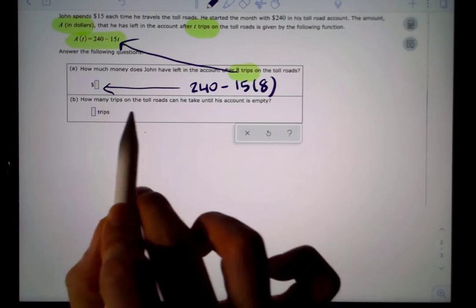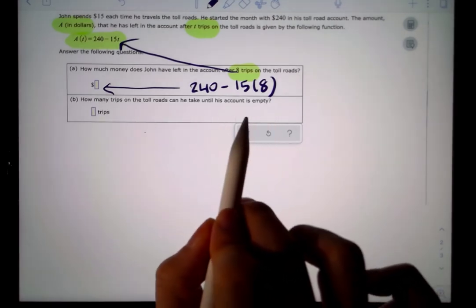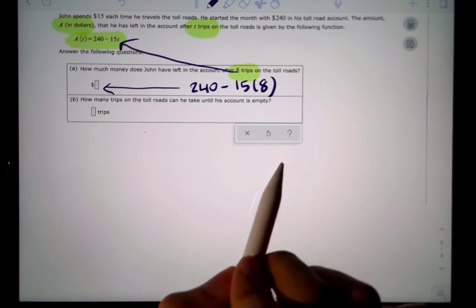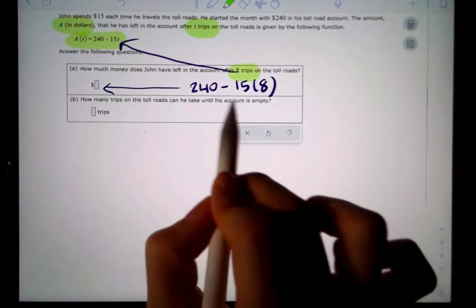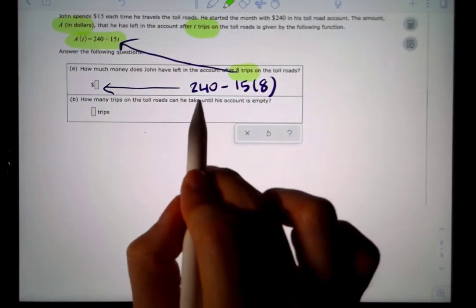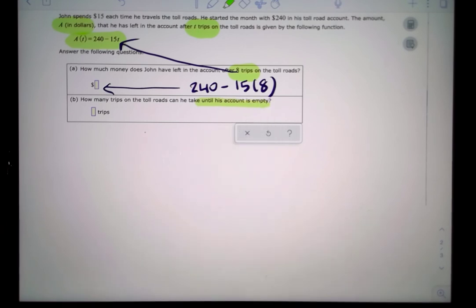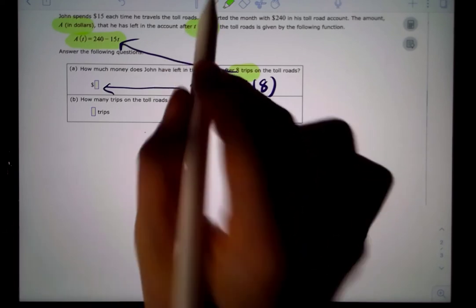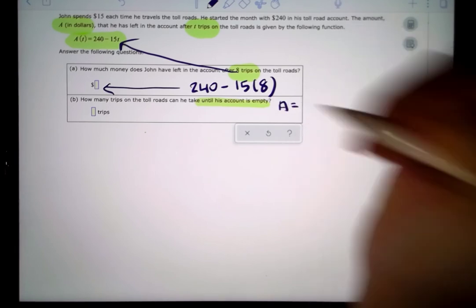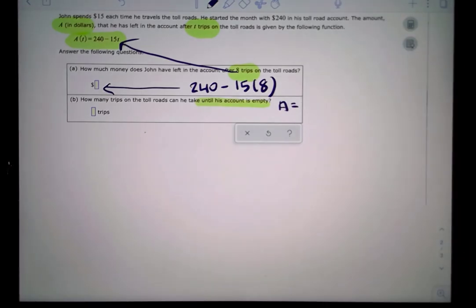Alright? And look at B. How many trips on the toll road can he take until his account is empty? So with this kind of thing, they don't talk about the number, but you need to figure out what that is, right? The account is empty. Does he have money left in the account? No, no money left. Then what's the money left?